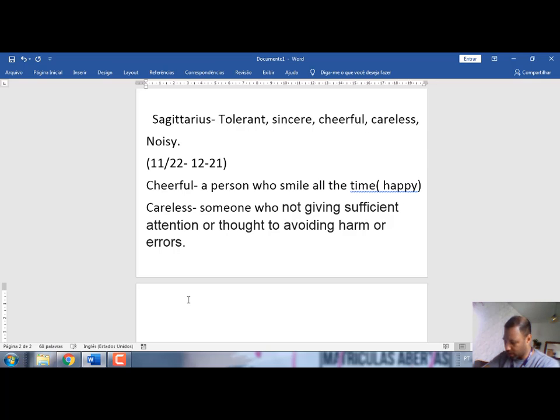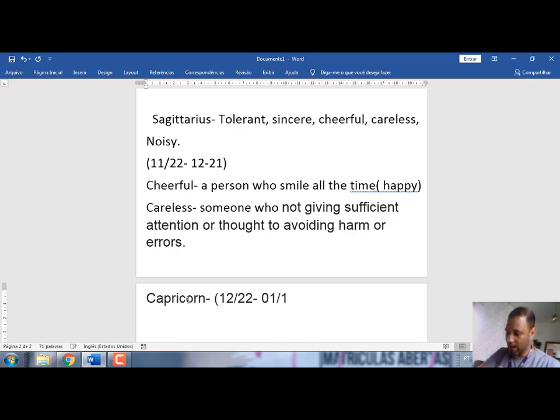The next one, Capricorn. Okay? Capricorn is from December, let me put it like this, December 22nd to January 19.